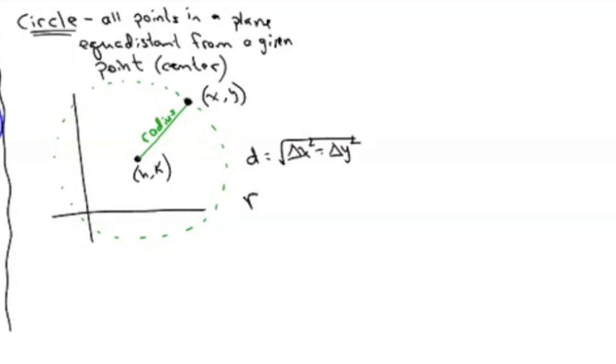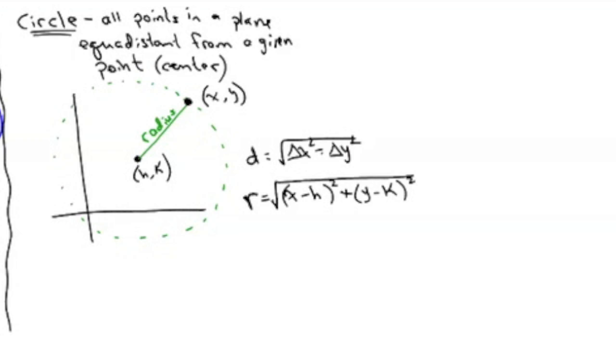And r is going to equal the square root of, what is the change in x between those two points? x and h, right? So this would be x minus h, all squared, plus the change in y all squared. What's the change in y? y minus k, all squared.